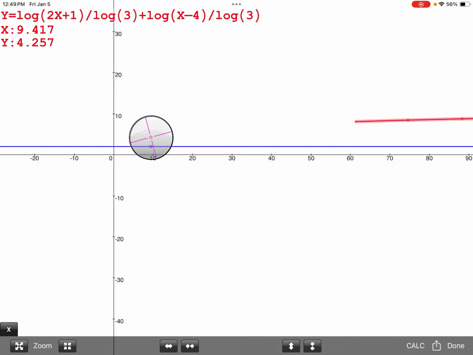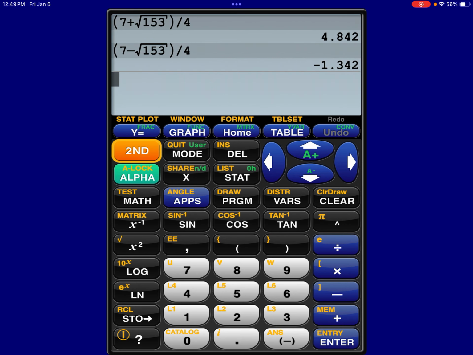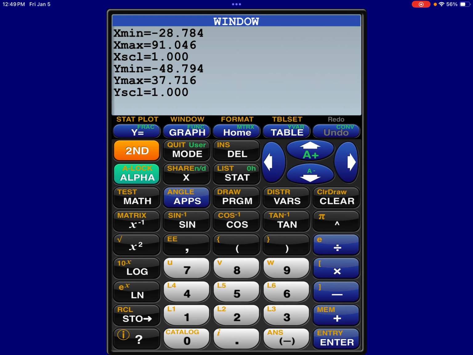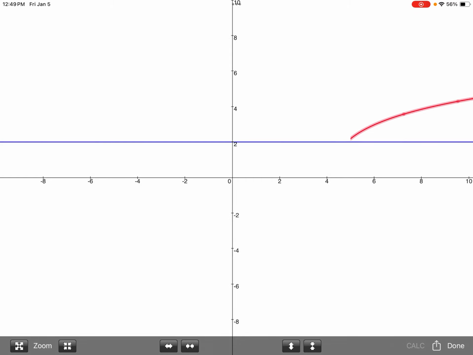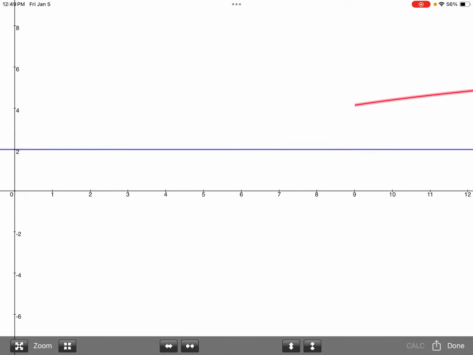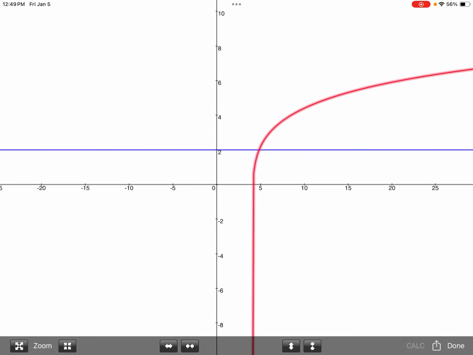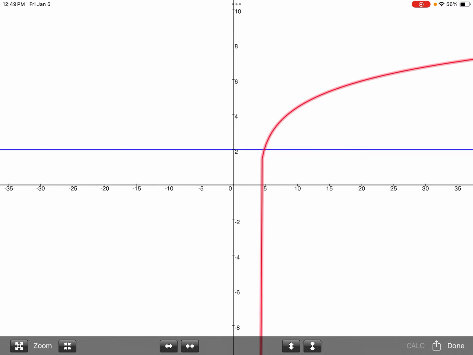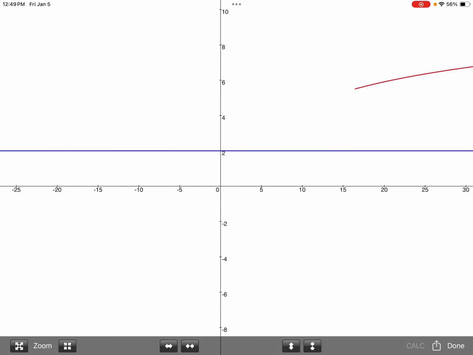Okay, that's weird. All right, what I'm going to do is go back and reset the window and have it go from -10 to 10 and -10 to 10. How about that? Well, that's close. I don't know what's going on with the pixels right now, because right there I can see it, but when I let go of the screen, it disappears.